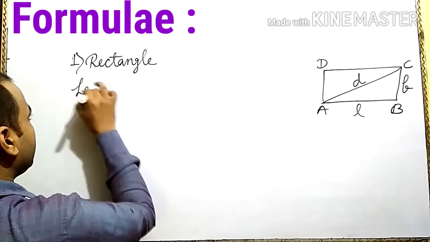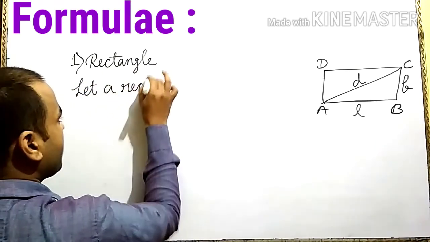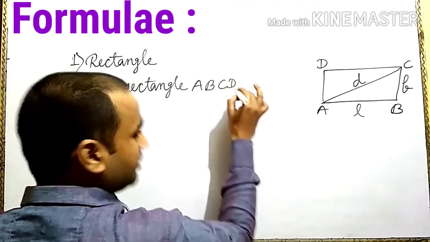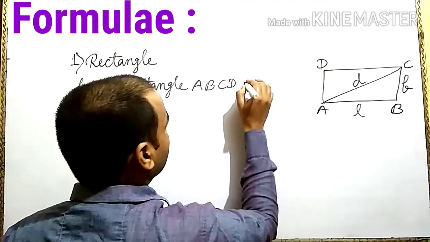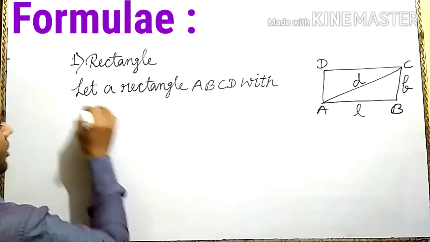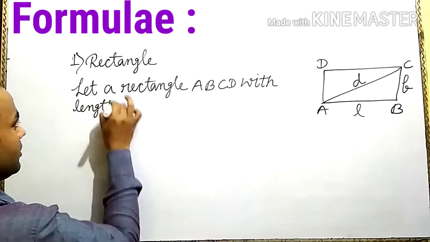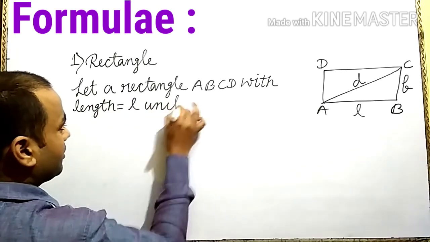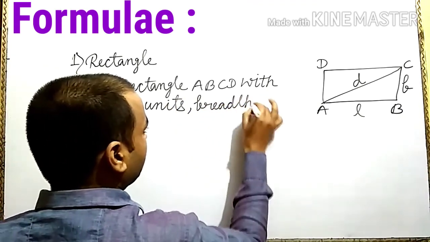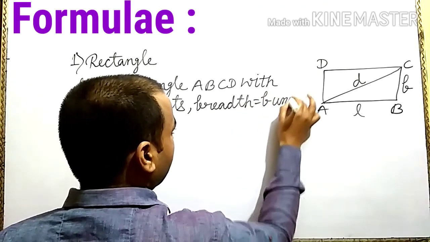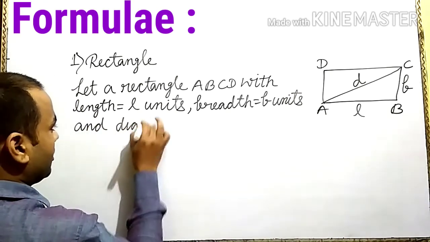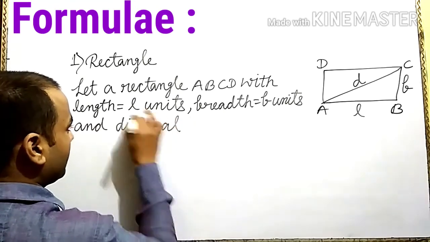So here let ABCD be a rectangle with length L units, breadth B units, and diagonal D units.